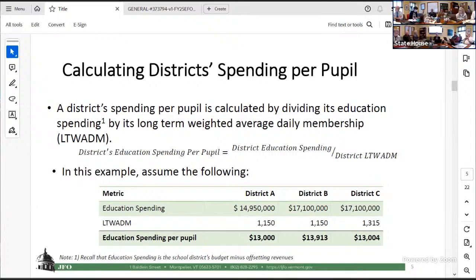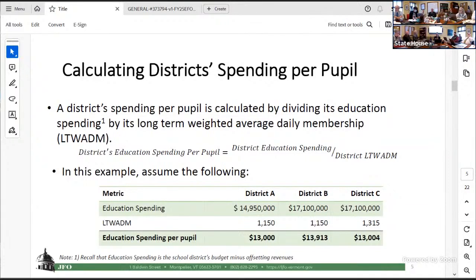While pre-Act 127 the state did still use pupil weights in its funding formula, there was also a portion called the equalization ratio, which essentially added all of the weighted pupils and then applied this uniform ratio to bring them back down. Mathematically, it didn't make any difference. And so in Act 127, in the deliberations, the General Assembly decided to pull out the equalization ratio because it was just another step that wasn't adding anything to the calculation.